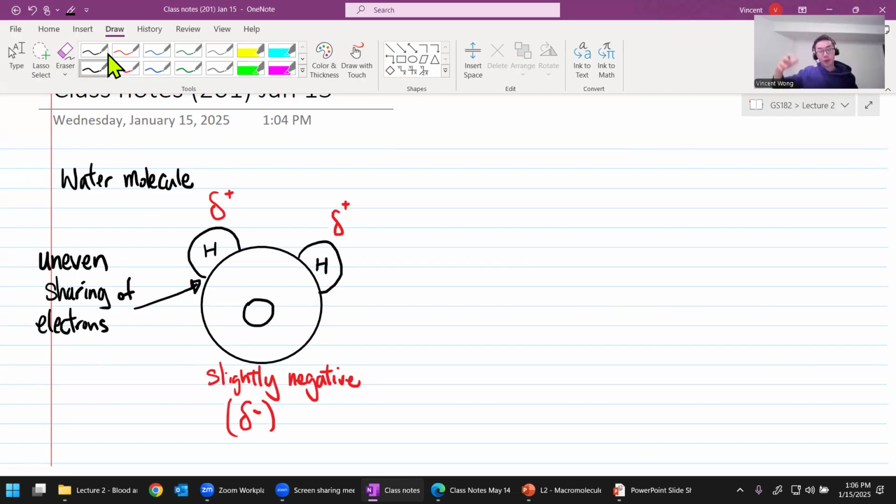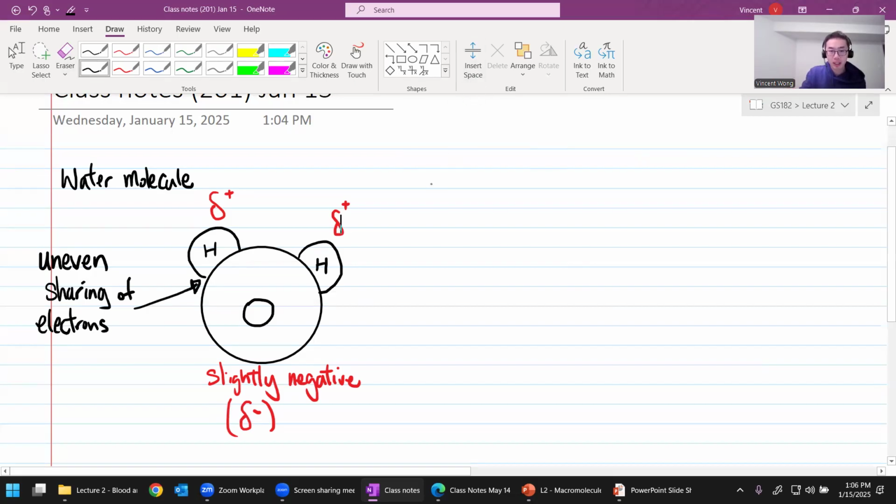Overall, though, the molecule is still neutral. The number of protons and electrons are still the same, but because of the uneven sharing, the distribution of the electrons is a little bit concentrated on one side. So that makes the molecule polar.